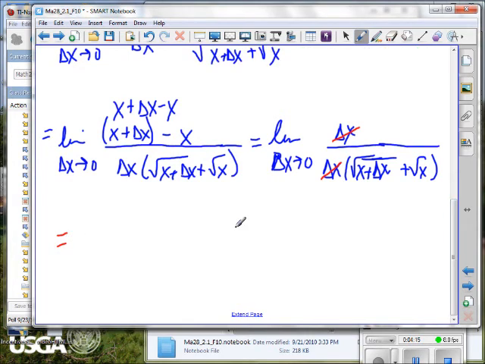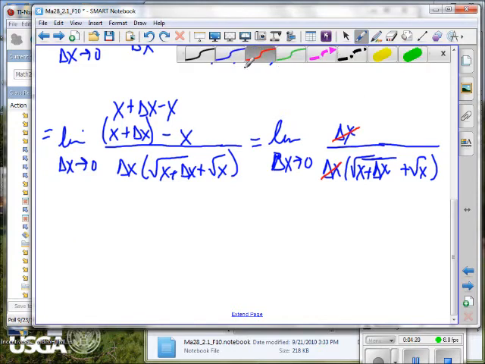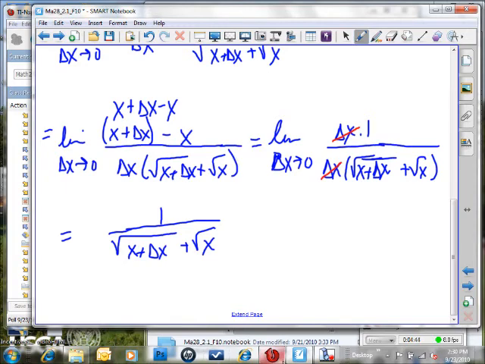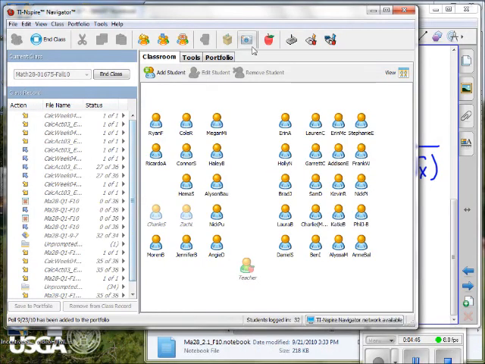The next step would then be this. Right? We forget the ones up there. Good. So it's 1 divided by that. Okay. Now, I'm going to look for an answer from everyone on this.